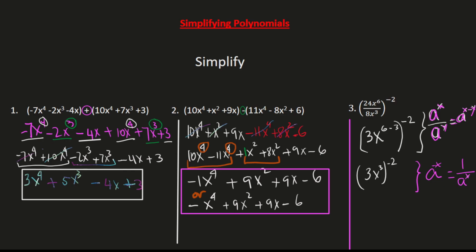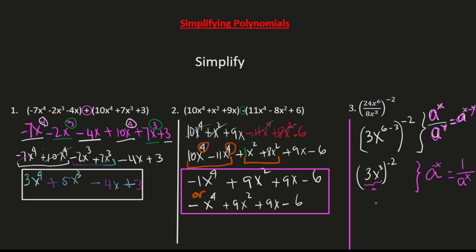So what happens here, we get the inverse of what we have here, which is 1 over a, but we change the negative sign at the exponent. So I'm going to do the same. Let's say that the whole thing here is a, and the negative 2 is the negative x.